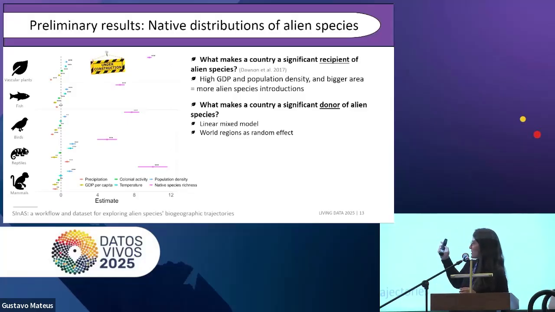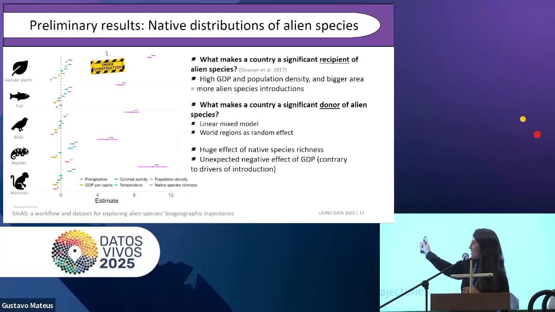But what really strikes the most is the huge effect that native species richness has on the amount of outgoing or donated alien species. This means that biodiversity-rich regions are the ones which are exporting most alien species in the world.